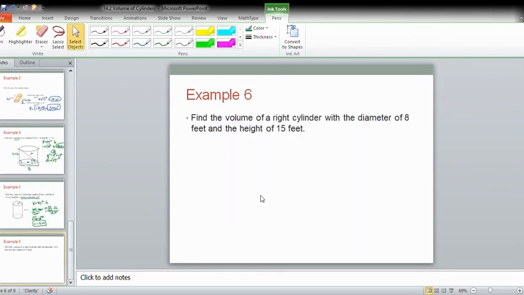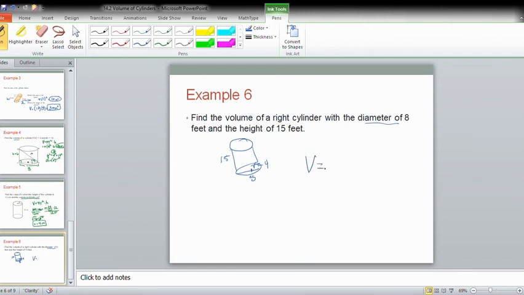All right, go ahead and see if you can do this one on your own, and then we'll be done for today. So, volume of a right cylinder with a diameter of 8 and the height of 15. I'm going to draw a picture because I like to draw pictures. So I've got a height of 15. I have a diameter of 8, which means my radius is 4.